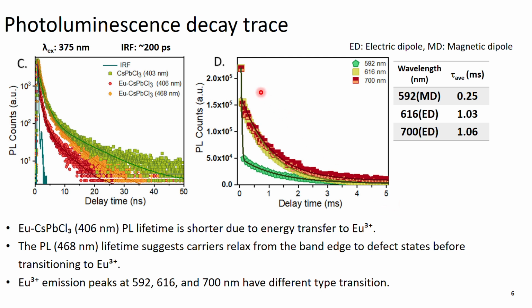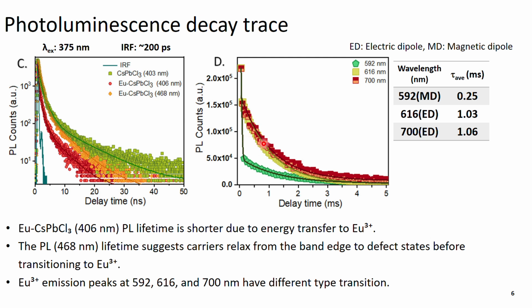This is the different wavelength emission peaks from the intra-transition of the europium ion. And we can see the green line has a very fast decay at the shorter time. The green line is from 592 nanometers, and we call this the magnetic dipole transition, the MD transition.